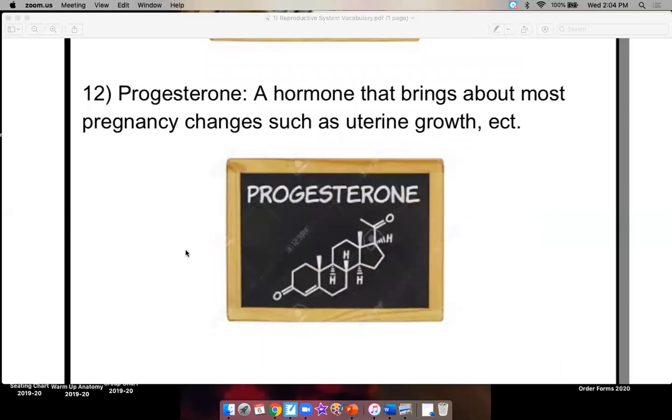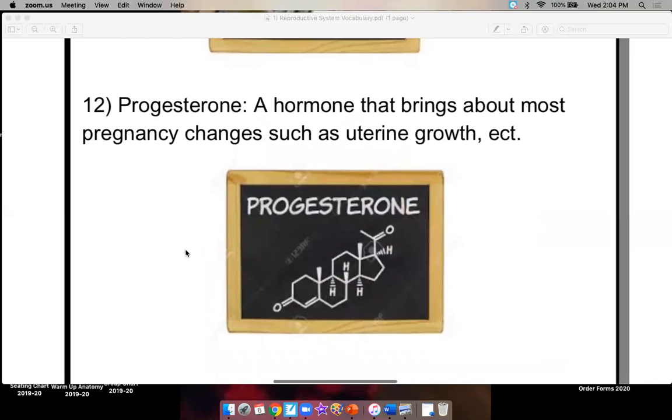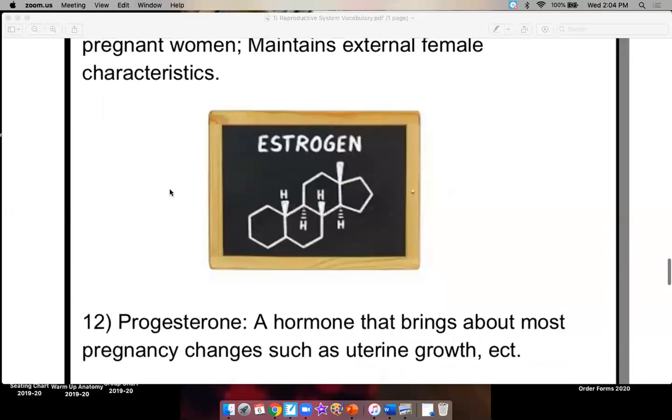And here's one that you're probably not aware of, progesterone. This is a hormone that brings about most changes in pregnancies, such as uterine growth. Said that wrong, sorry. Basically, it is what helps you be pregnant.